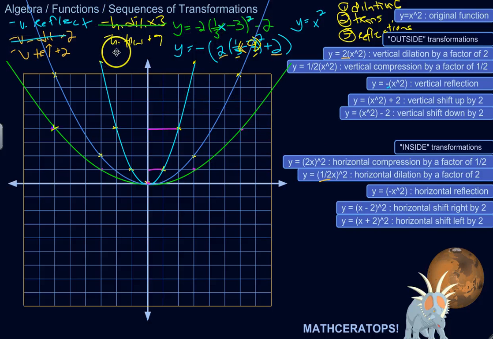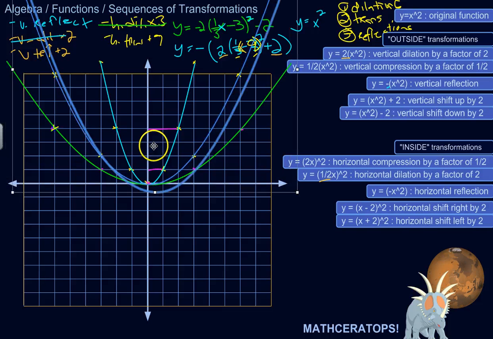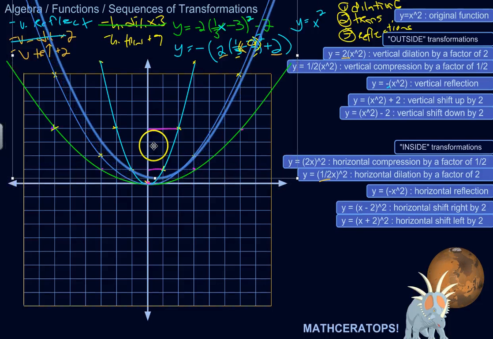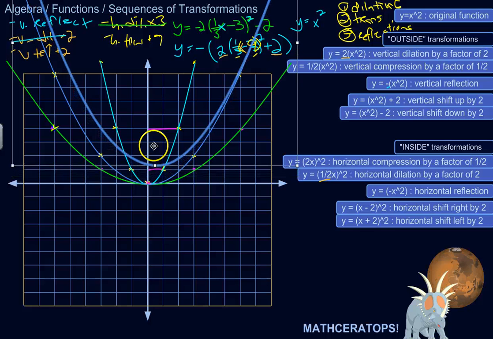And then let's do our vertical translation. So we're done with our dilations. Let's do our vertical translation by 2. That means take every point and shift it up by 2. That's very easy. The whole graph just shifts up by 2.